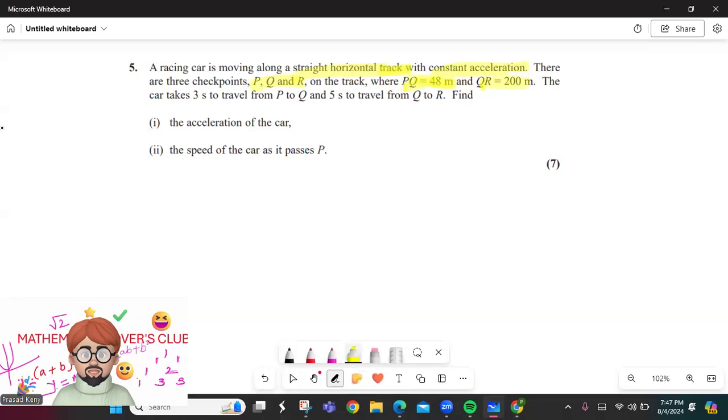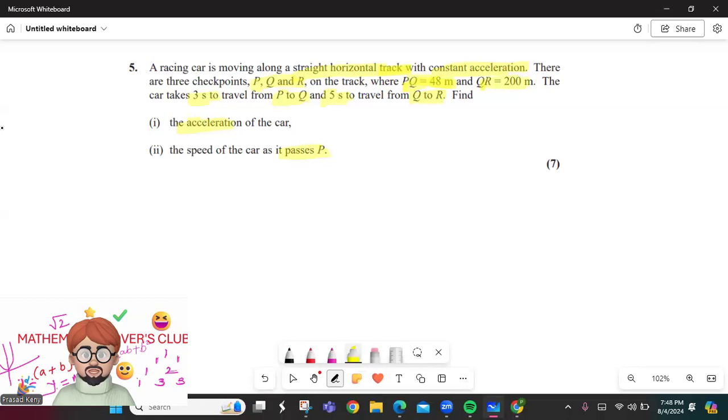The car takes 3 seconds to travel from P to Q and 5 seconds to travel from Q to R. Find the acceleration of the car and the speed of the car as it passes P. So Vicky, these are the important words.